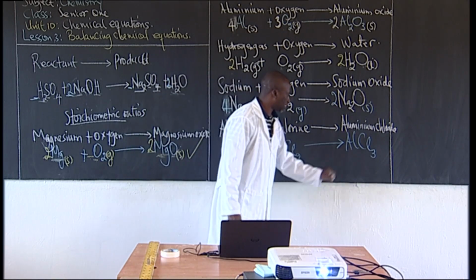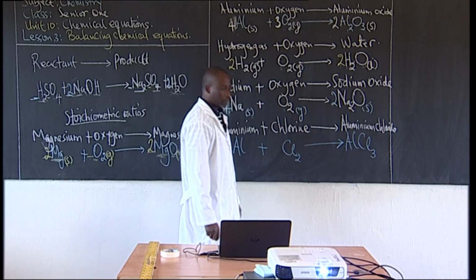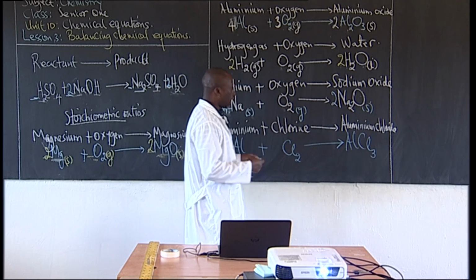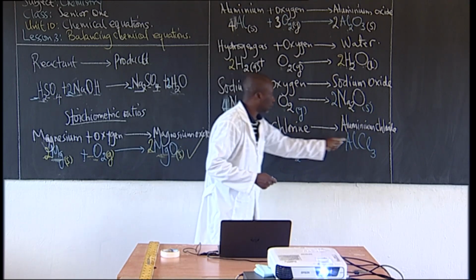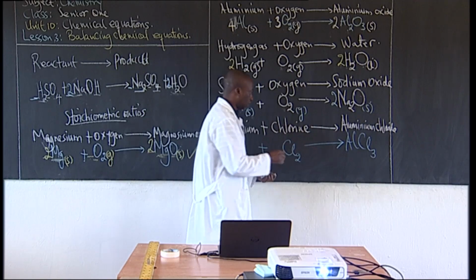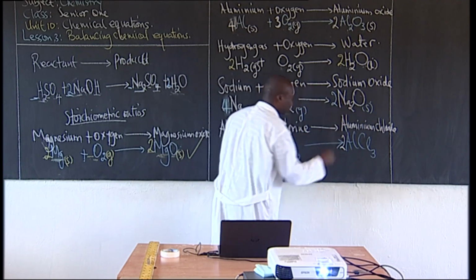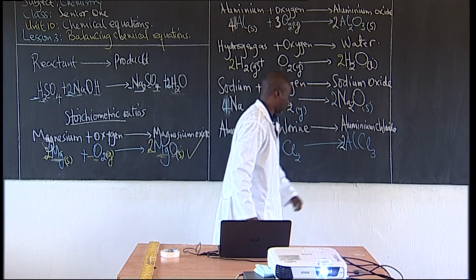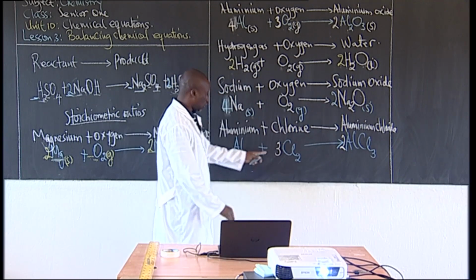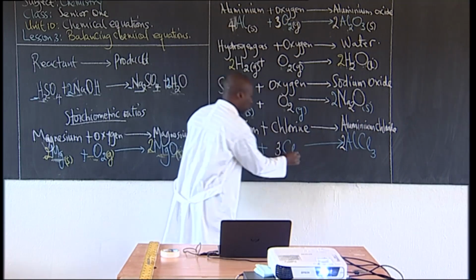Aluminium and these ones are balancing. So we're just going to look for a factor that will make the chlorine atoms balance. And which factor is this? If I multiply by 2, this will become 6. And then here I multiply by 3. So that means we'll have a balanced reaction.